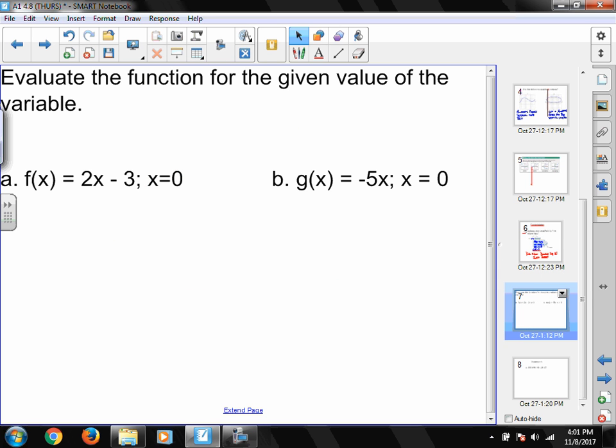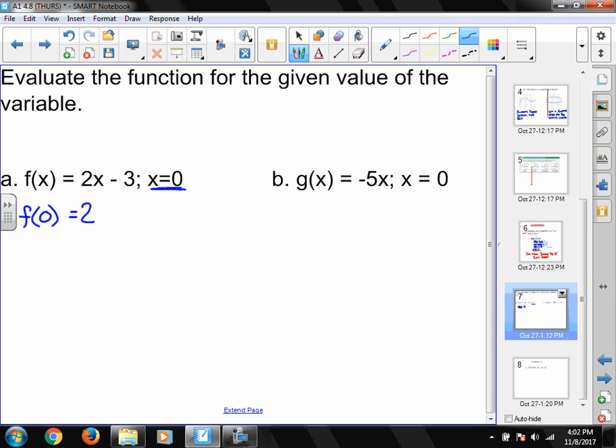So, what they're going to have you do is they're going to say evaluate the function for the given value of the variable. So, hey, f of x is 2x minus 3. That works out nice. We just worked with that. We want to evaluate it at x equals 0. So, just like we did, we're going to plug in a 0 everywhere we see an x.